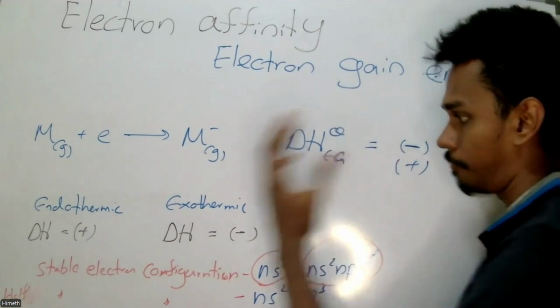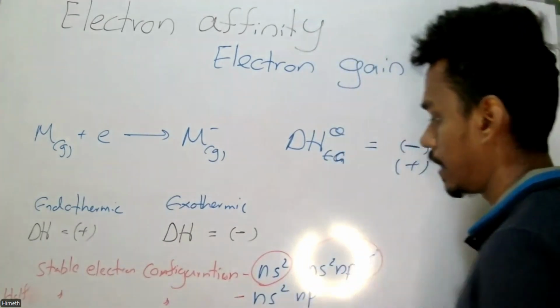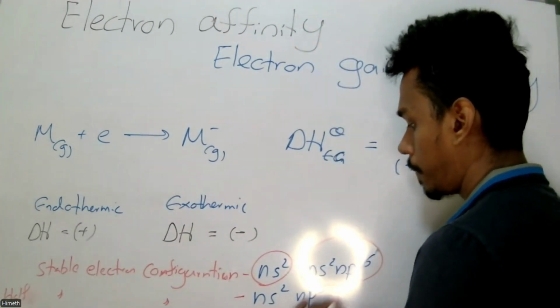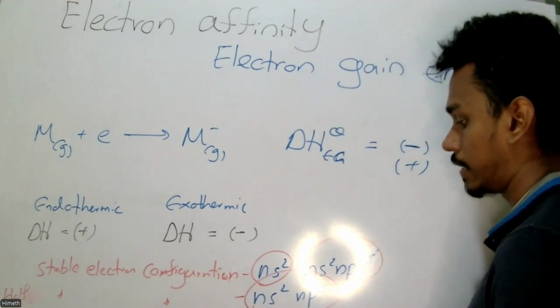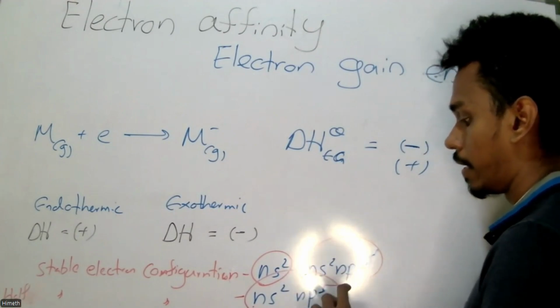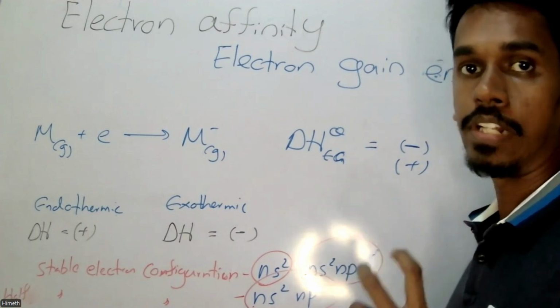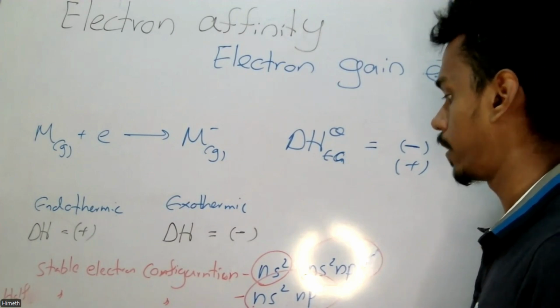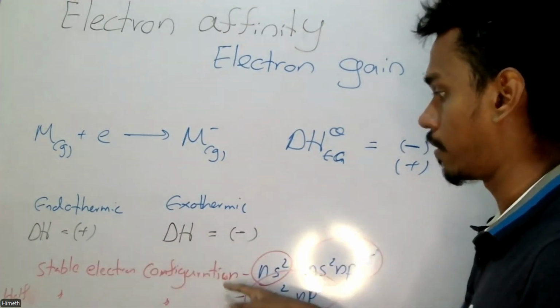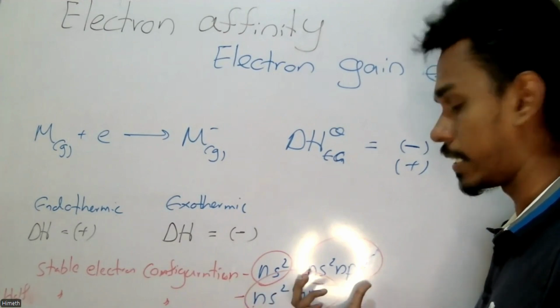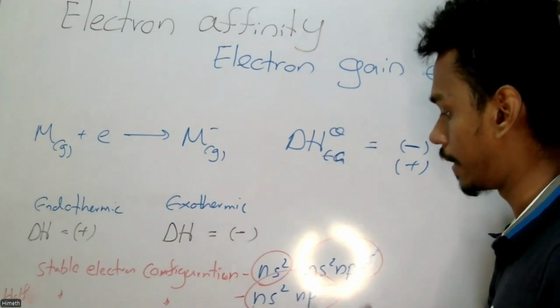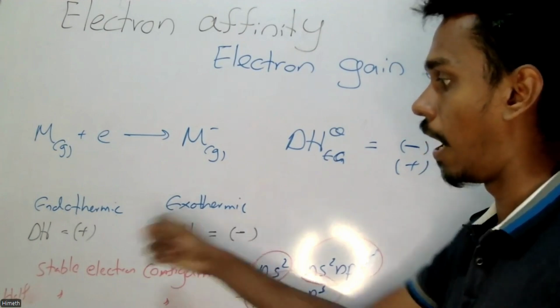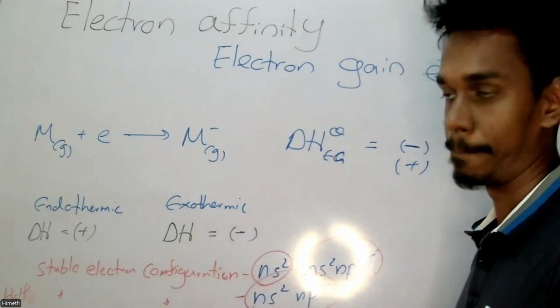But in the half stable electron configuration, there is ns2 np3. In that np3, the p orbital is not completely filled; it is half filled. So we can't put it into the stable category. Because it is half filled, we call that configuration half stable electron configuration.